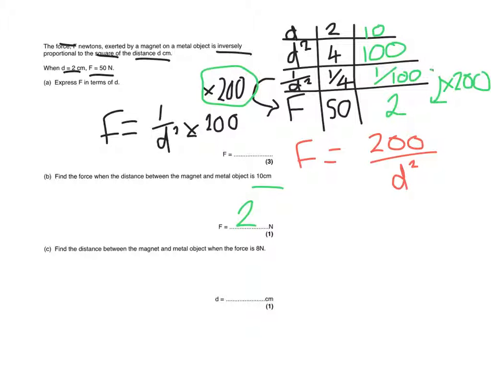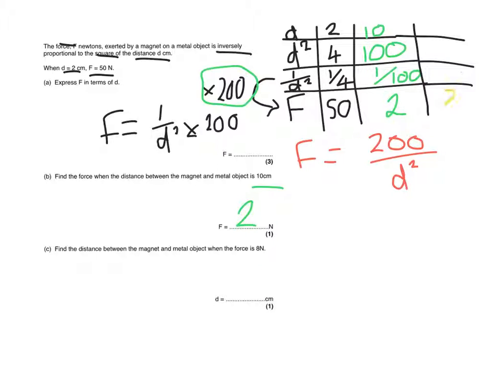Just going to rub this bit out here because I need to add another column on for part C. So now it wants to know, find the distance between the magnet and the metal object when the force is 8.